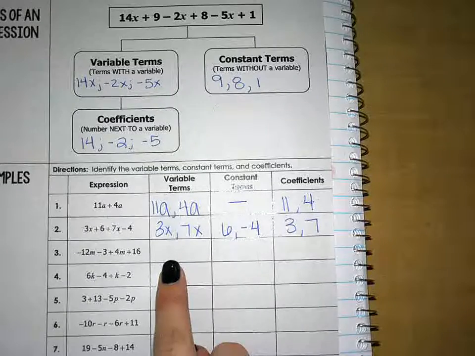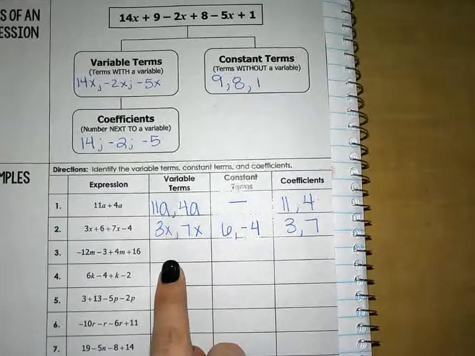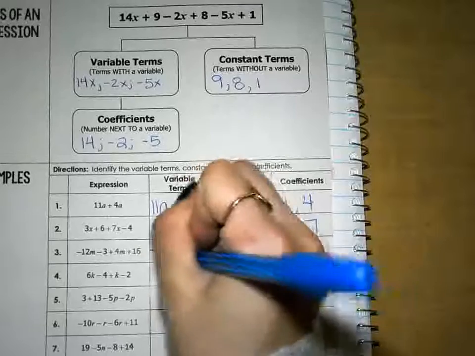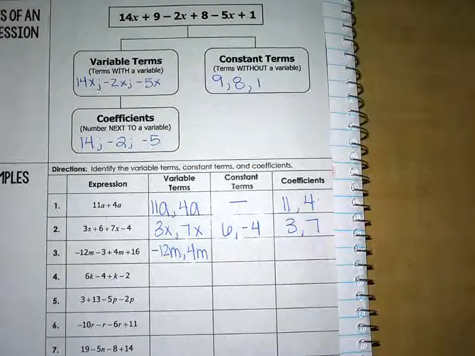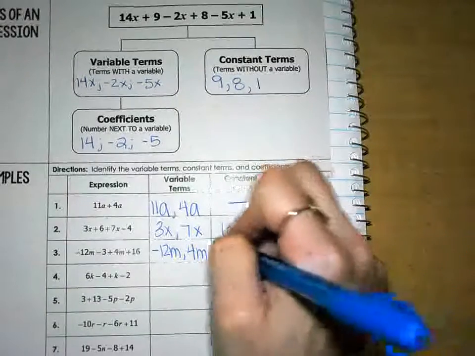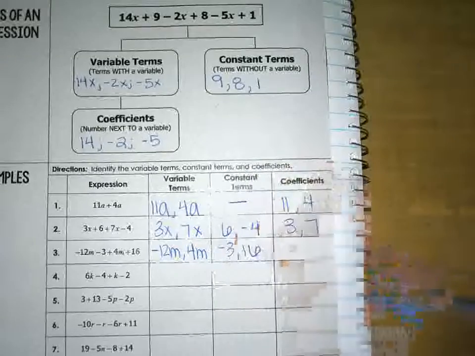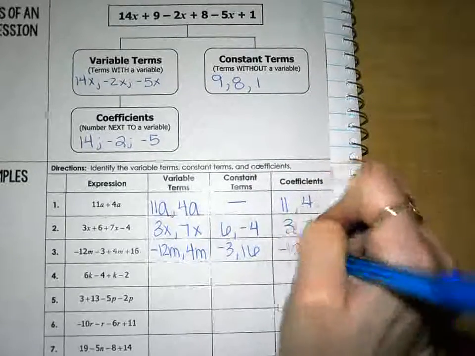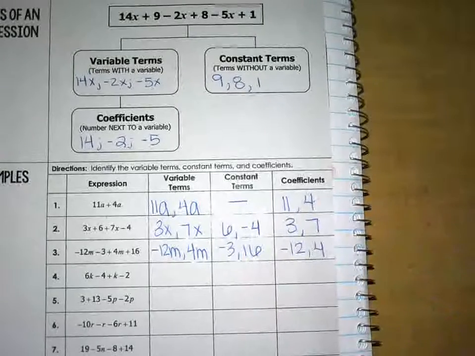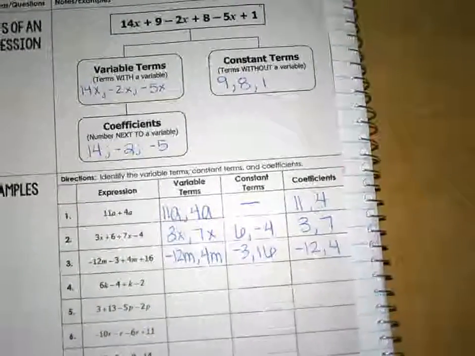Number 3. What are my variable terms? Negative 12m and 4m. What are my constant terms? Negative 3 and 16. And my coefficients? Negative 12 and 4. Okay, we're going to skip all the way down to number 9.